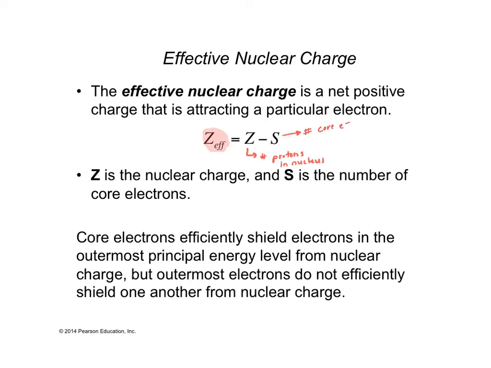For lithium, the effective nuclear charge, as we just demonstrated, is the nuclear charge, +3, minus the number of core electrons, which is 2, which gives us a +1 overall. Again, this +1 is how much of a pull that outer valence electron feels for the nucleus. Now we can quantify this and we don't have to think about all these various factors that go into play.